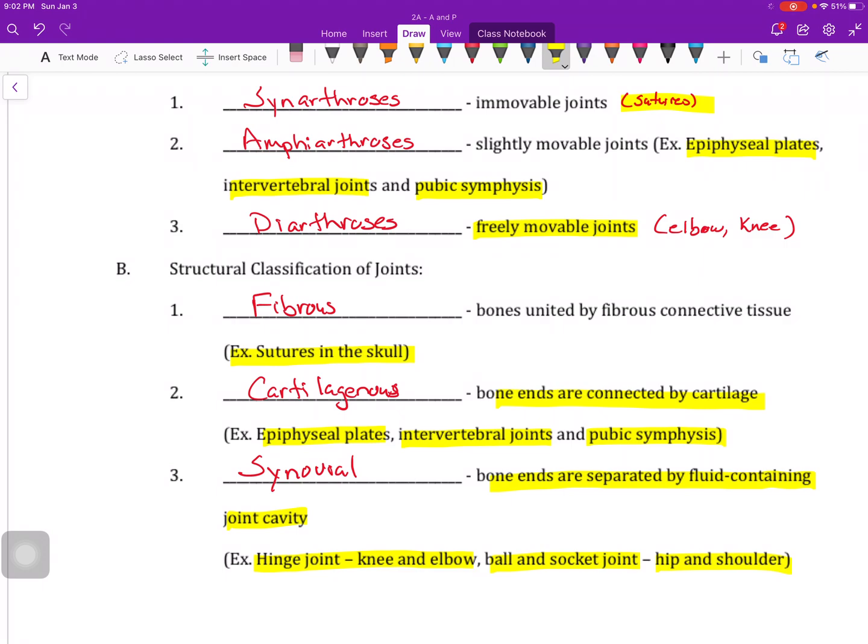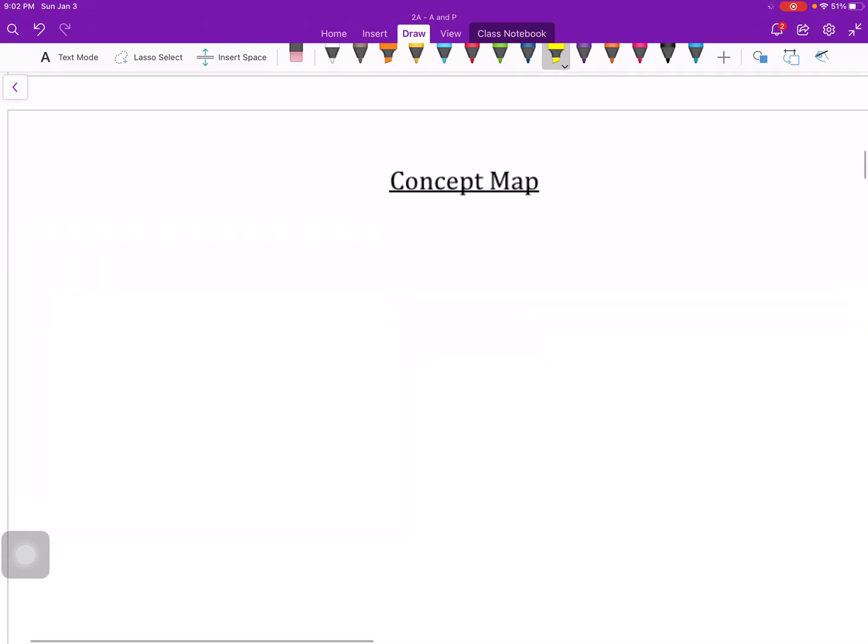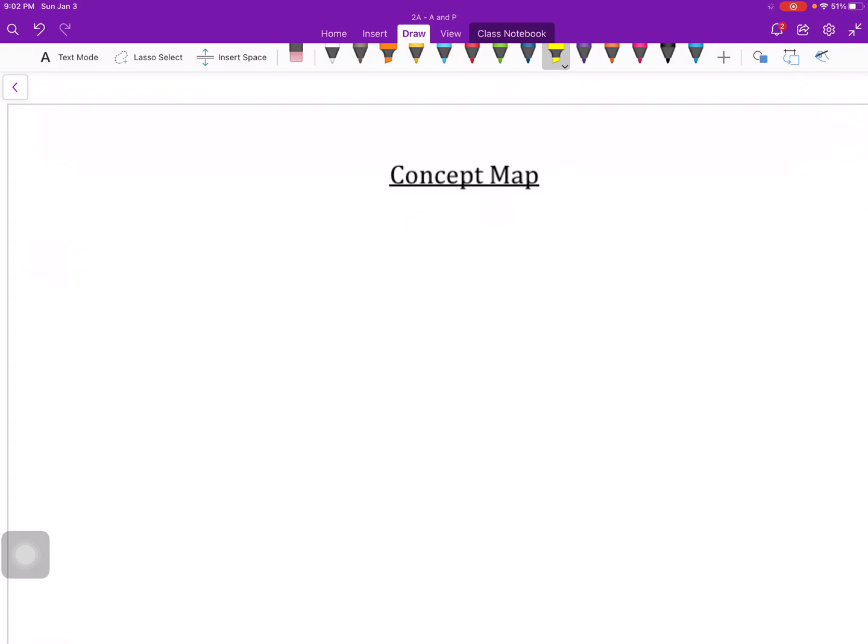All right, we're going to move forward down here, guys, and on the next page, we're going to draw a little bit of a concept map. So we'll start with the term joints. Make my little box there. And then over here, I'm going to do functional classification.